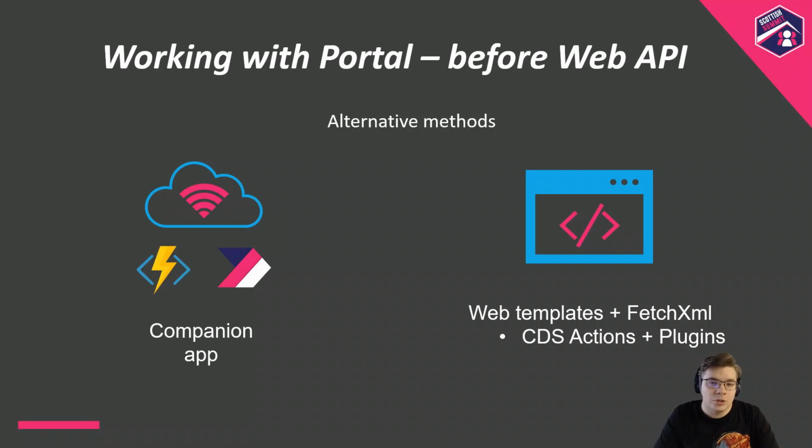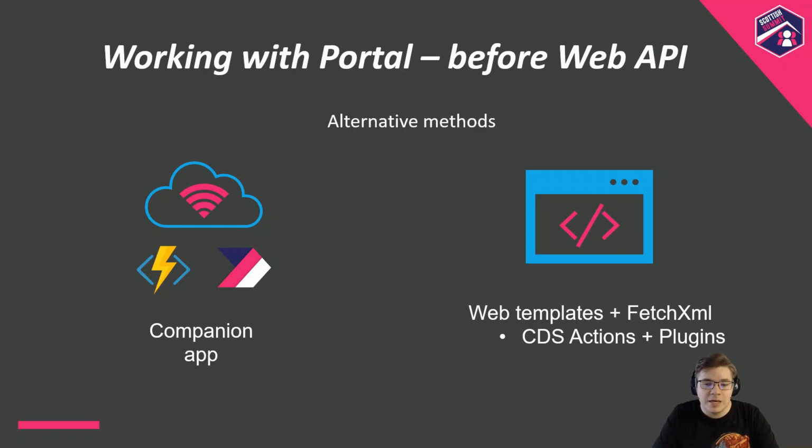A common approach is to use an Azure Function or Power Automate Flow to get data from and to the Dataverse instance, which can be really useful but also requires development. Another way is to use the built-in capabilities of the portal, which includes using web templates in combination with fetch.xml.